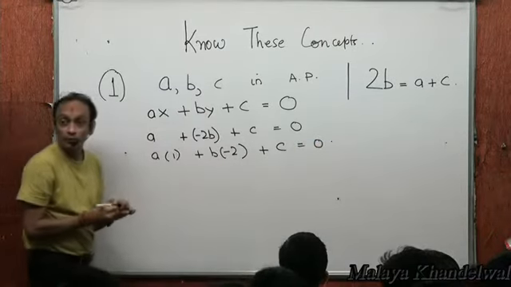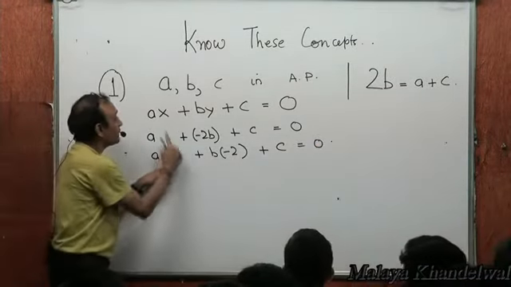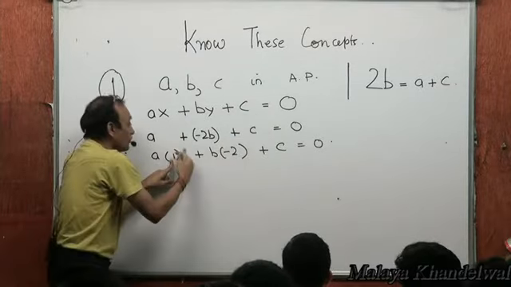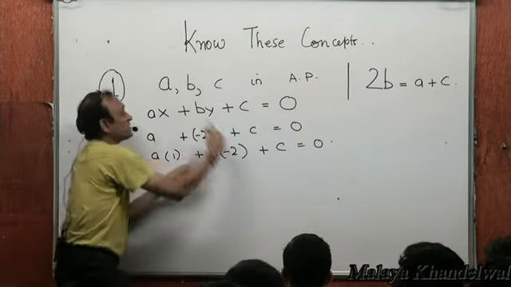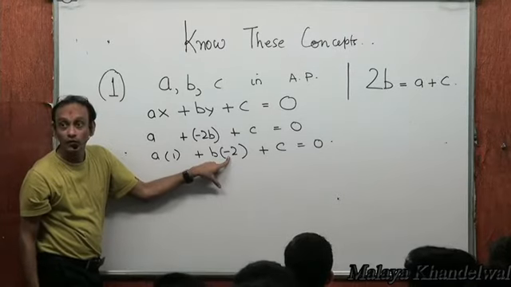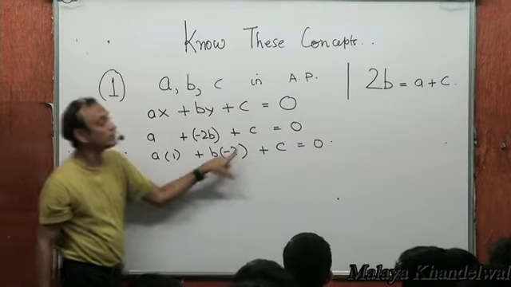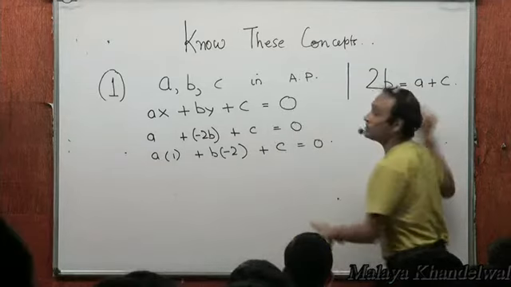Yes or no? Therefore, this line will always be satisfied by x equal to 1 and y equal to minus 2. A plus C minus 2B equal to 0.